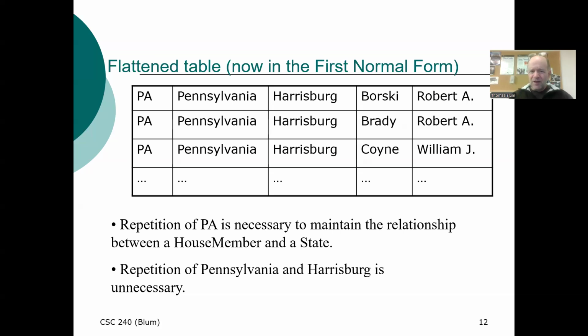That is a more necessary repetition to establish the relationship between the person and the state that they're representing. But the name spelled out of the state and the capital of the state, that's not necessary. So some repetition is necessary to establish relationships, other repetition is not necessary, and so should be filtered out.